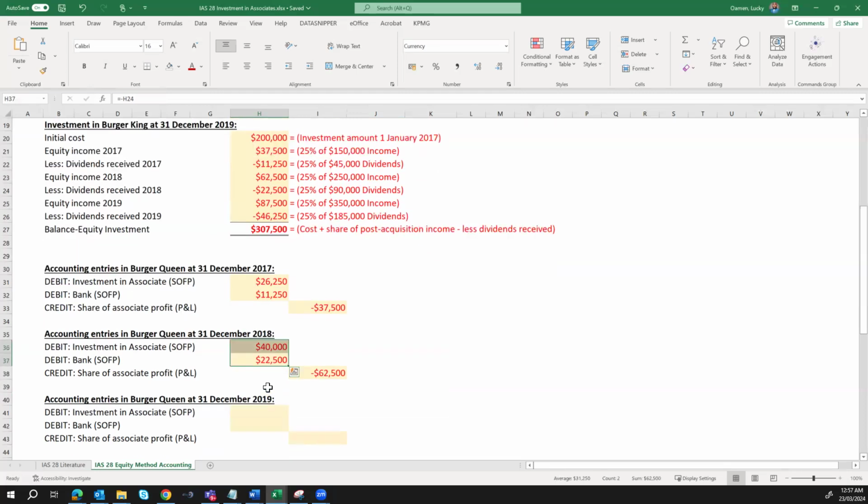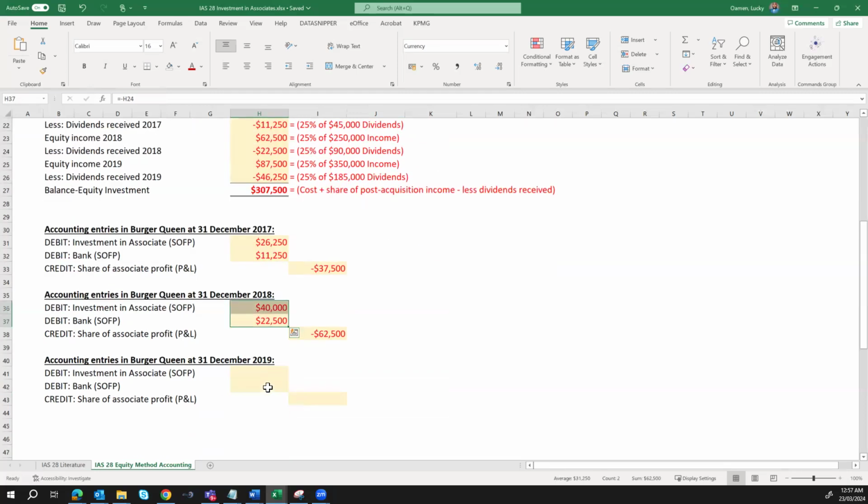All right. So the last bit will be what journal to pass in 2019. Similarly, there's a profit that was recognized and your share of the profit is $87,500. So you credit share of associate profit by $87,500. Furthermore, you receive a dividend in your bank of $46,250. So you recognize this amount in your bank account.